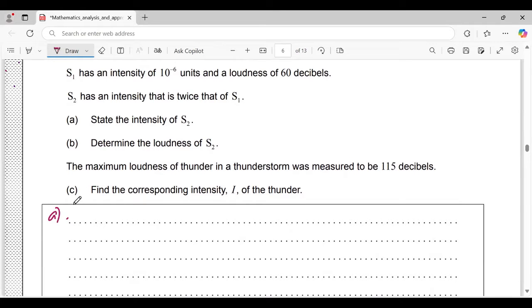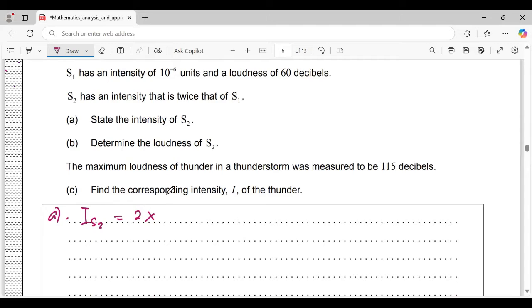The intensity of S2, I'd like to write I of S2. According to this information, the intensity of S2 is 2 times, or twice, the intensity of S1.